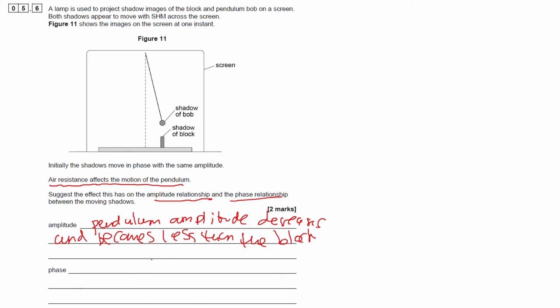Now, you should be able to remember from our understanding of time period of objects in simple harmonic motion, whether it's a pendulum or mass spring system. In this case of the pendulum, we know that time period of pendulum is governed by this equation. Okay, and notice in this equation all it really depends on is the length of the pendulum, which doesn't change, and g, which doesn't change.